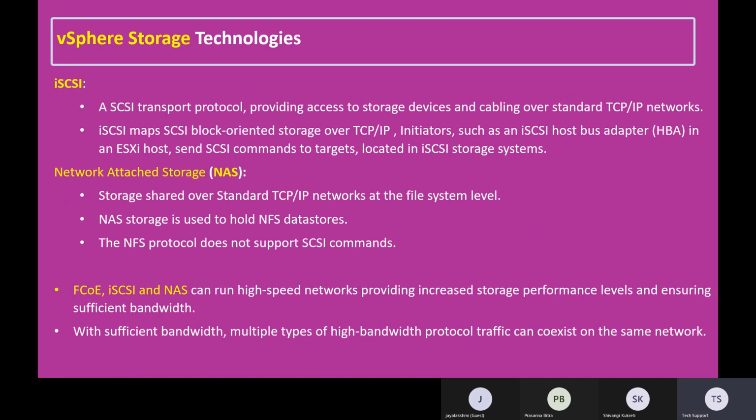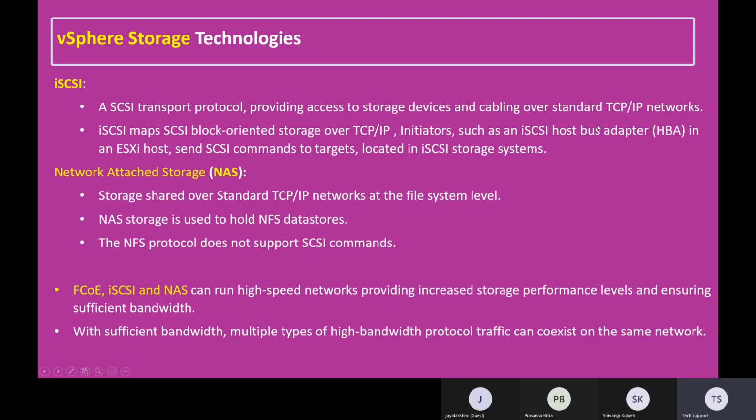Some more additional points. This is also iSCSI. iSCSI is a SCSI transport protocol providing access to storage devices over a standard TCP/IP network. That is the reason we call it Internet SCSI. iSCSI maps SCSI block-oriented storage over TCP/IP, and it requires initiators such as an iSCSI host bus adapter.